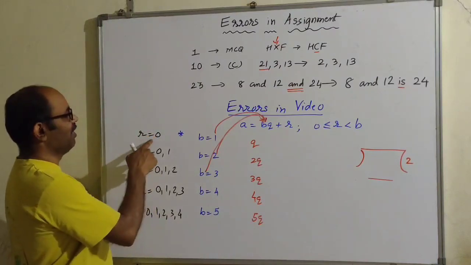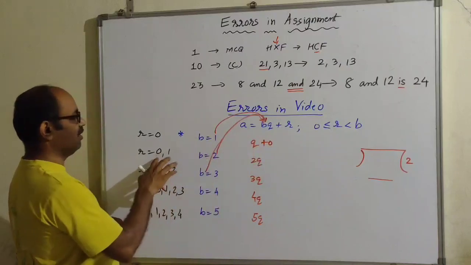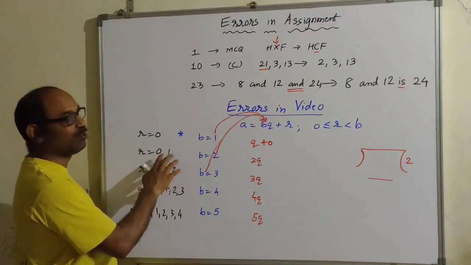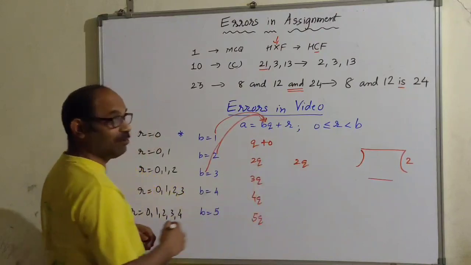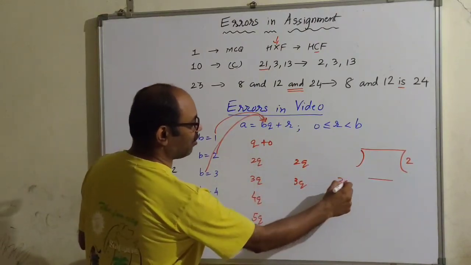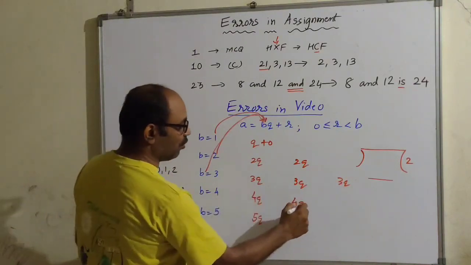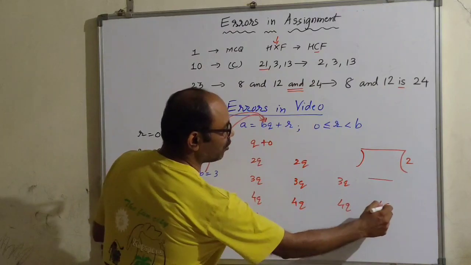Then remainder 0. So plus 0, and there are two possible remainders, so 2 times 2Q you have to write. Remainders are 3, so write 3 times 3Q. 4 different remainders are possible, so 4 times 4Q.